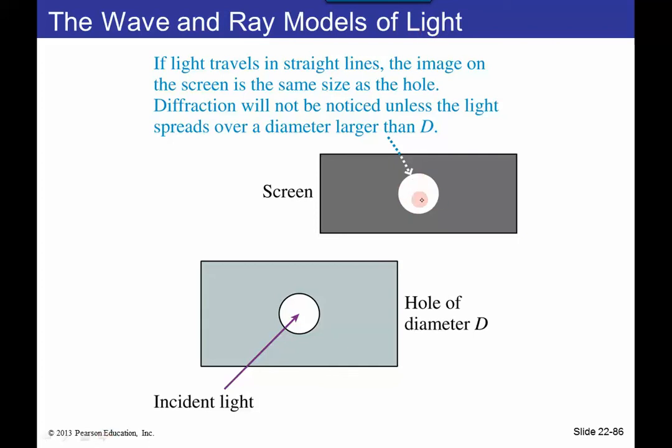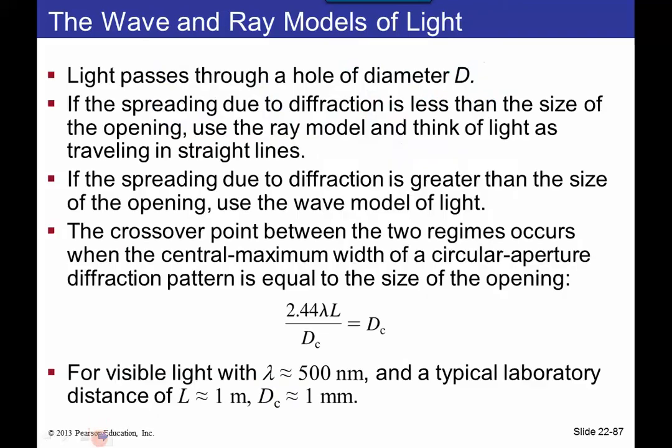Basically, the idea is that if you get diffraction patterns, then you should use a wave model to describe your system. And if the diffraction is negligible, then you can be safe using a ray model to describe your system. The condition that gives you that is this condition here.